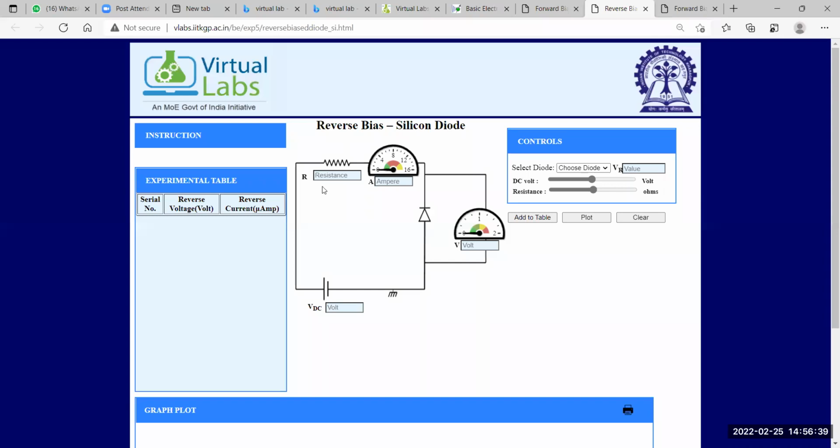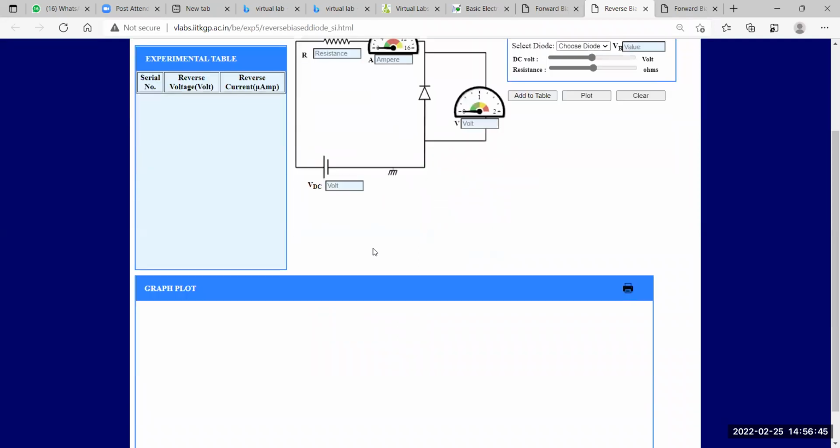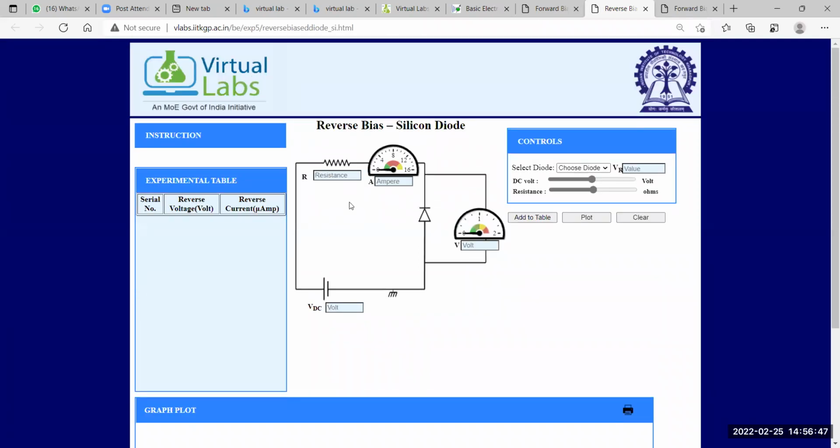Okay, and this is the resistance. You know why we have to use resistance in a circuit: to control the current. This is an ammeter, and this is a voltmeter. Ammeter for current and voltmeter for voltage.